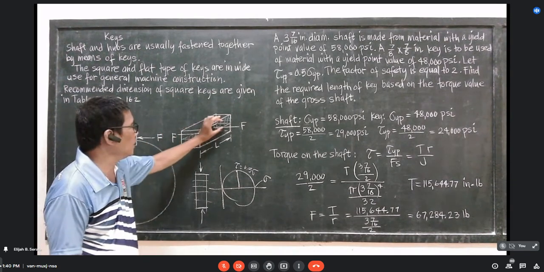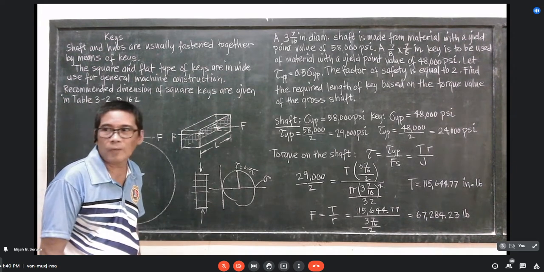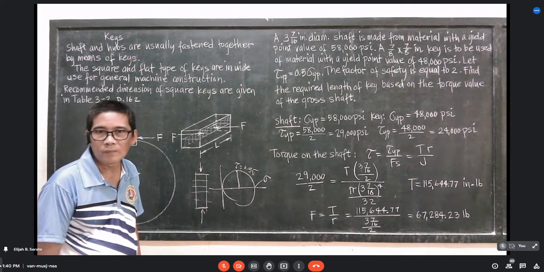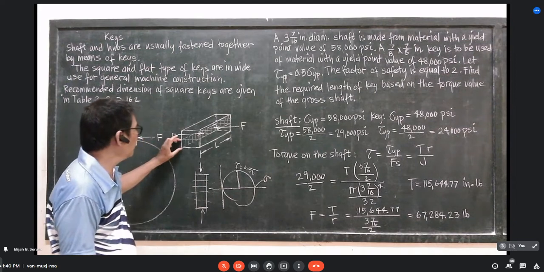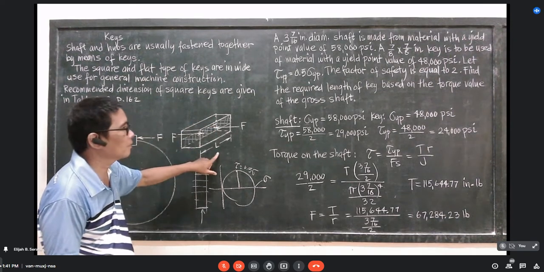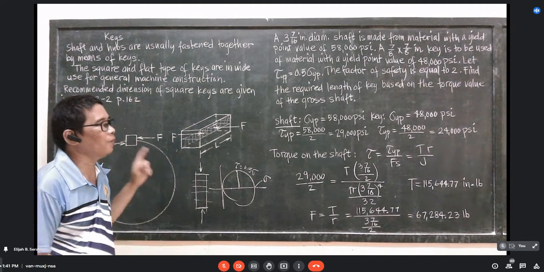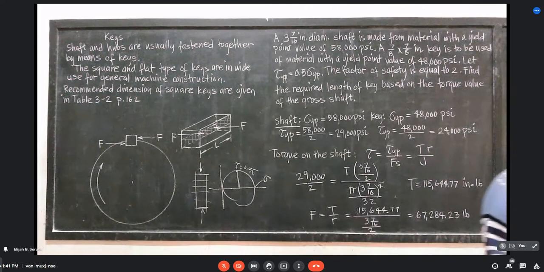So this area should be 7/8 divided by 2, which is 7/16, times the length. So that is the area for the bearing of the key. Any question, class?